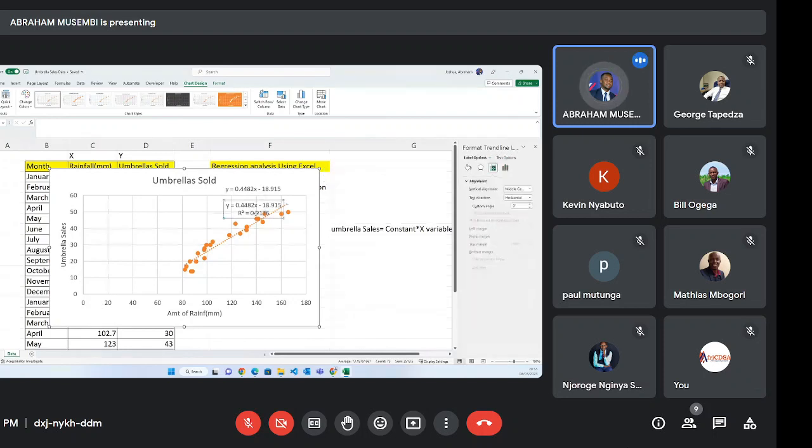Remember yesterday we said that r squared is used to measure the goodness of fit, or the performance of it. Under simple linear regression it is r squared, or the coefficient of multiple determination when we are talking about multiple regression.